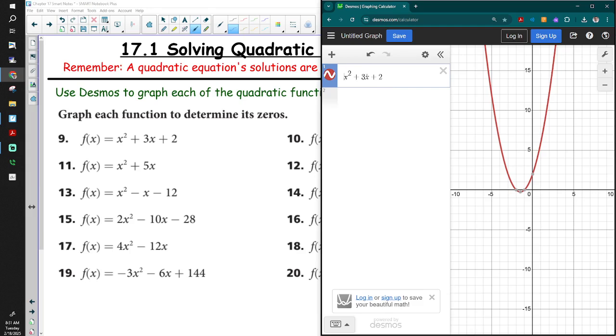You can type in the f of x. You can type in y equals instead of f of x. Or you can just type in the quadratic without any equal sign. Desmos will know how to graph it no matter what. So here's my parabola. And I'm trying to find, where does my parabola do what?